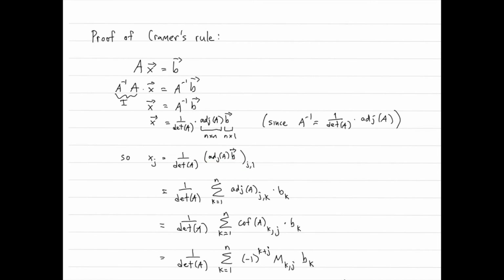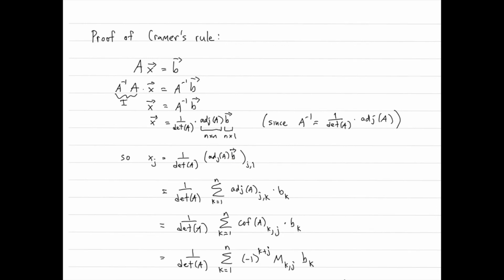And going back to how products of matrices are defined, if I want the j1 entry, I take row j of the first matrix and dot it with column 1 of the second matrix.